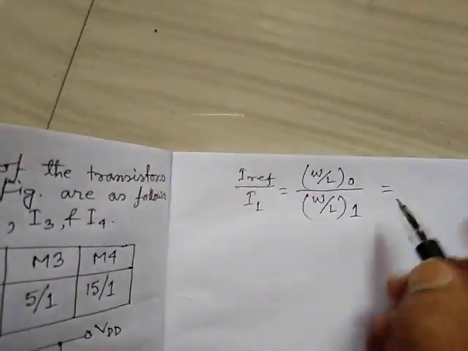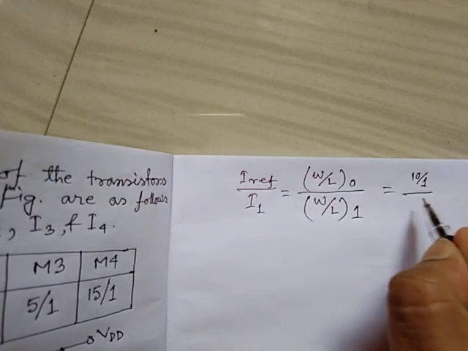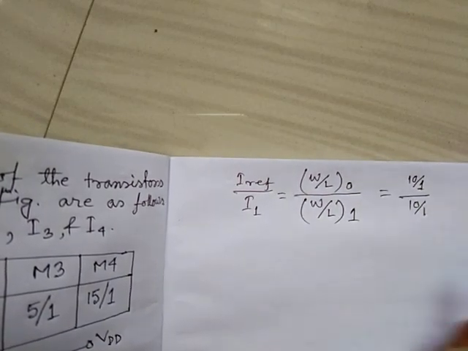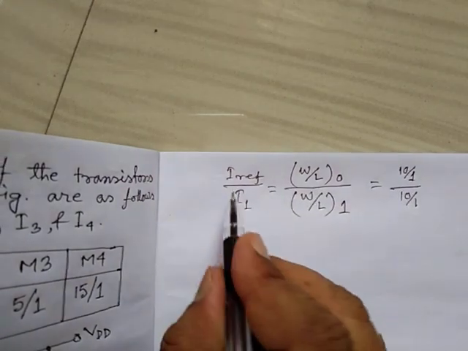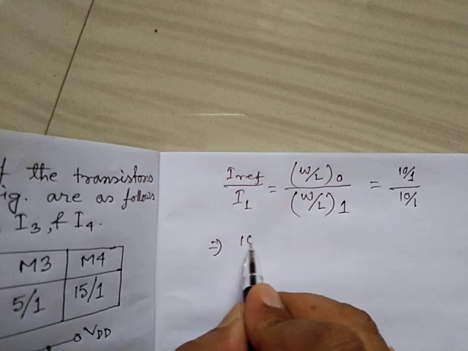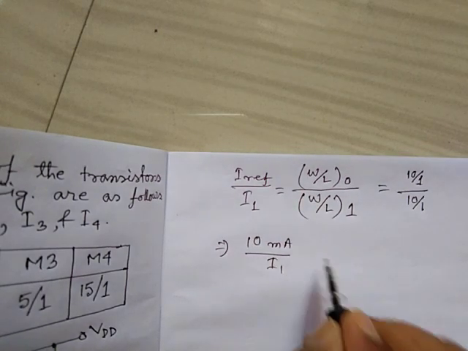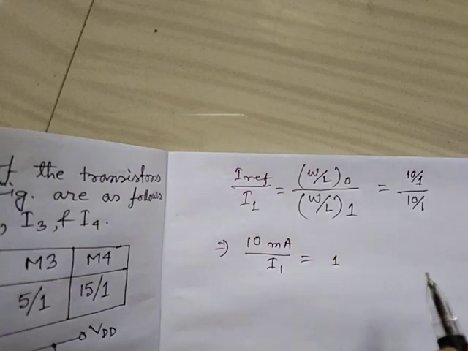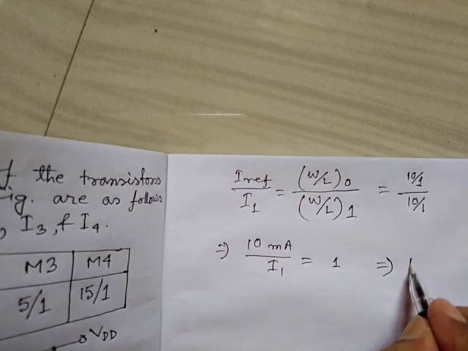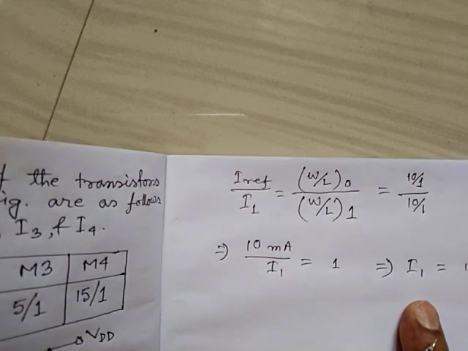So we can write 10 by 1 by 10 by 1. Also I reference is given as 10 milliampere, so 10 milliampere by I1 equals 1. So I1 equals 10 milliampere. We have found current I1.